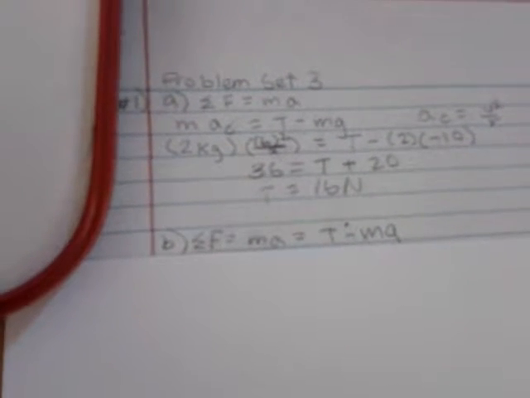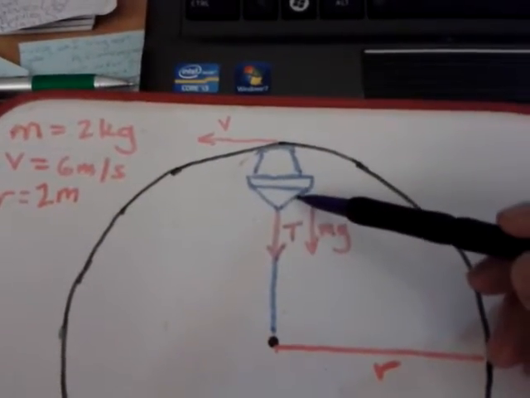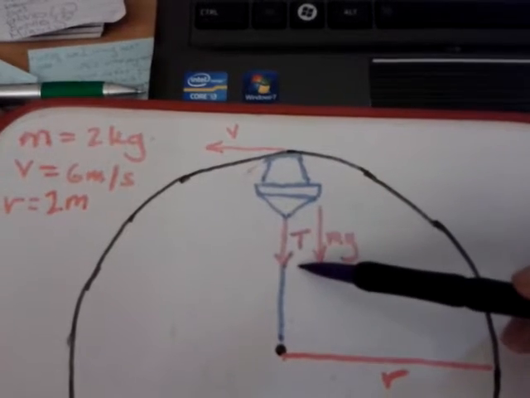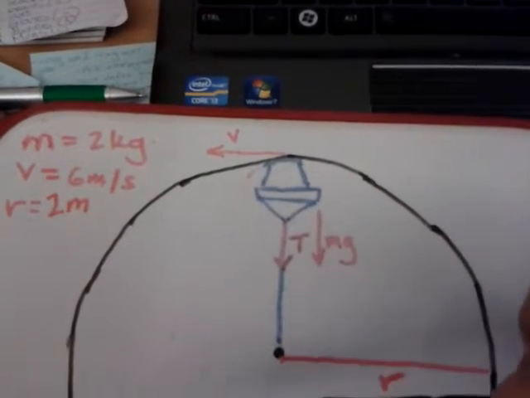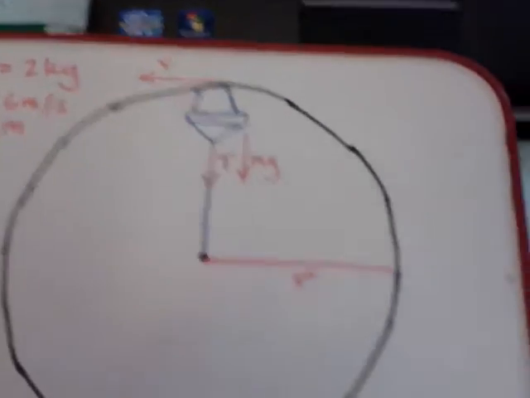So we have that same equation up top, but this time T equals 0, because say it does not stay overhead and the water does fall out. For that to happen, the tension would have to be 0, and that's a result of you not spinning it fast enough. So tension equals 0.